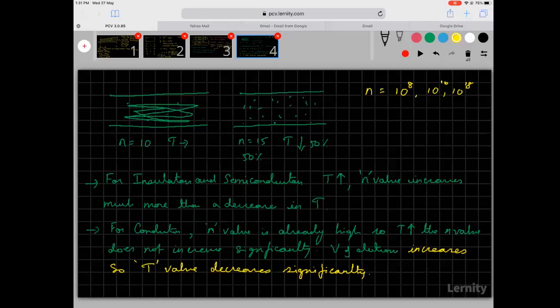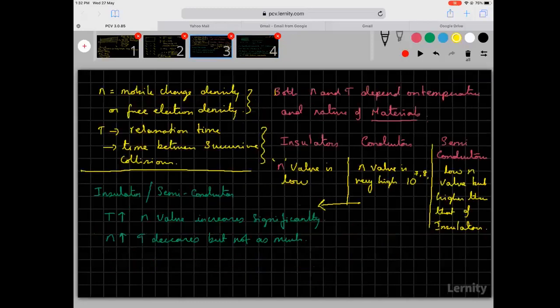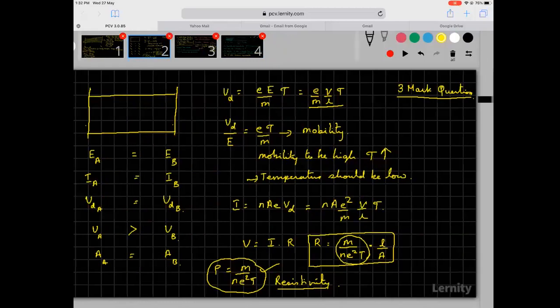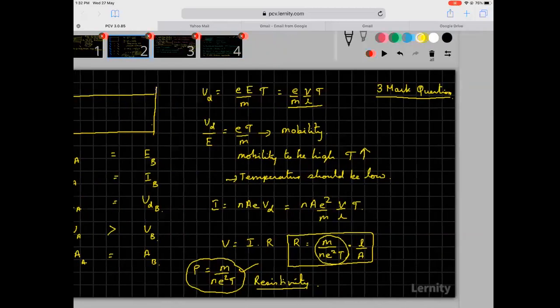But because the kinetic energy of the electrons increases, the tau value decreases significantly. Why am I telling you all this? Because here you have an expression for resistivity: rho is equal to m by N e squared tau.